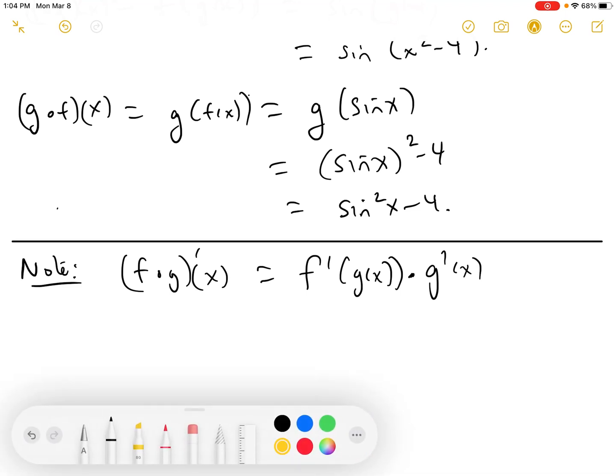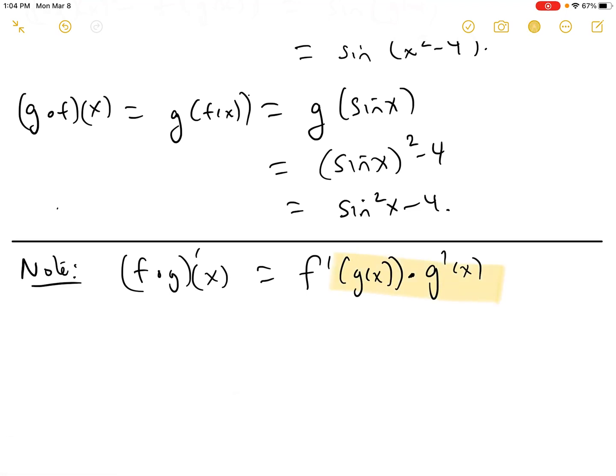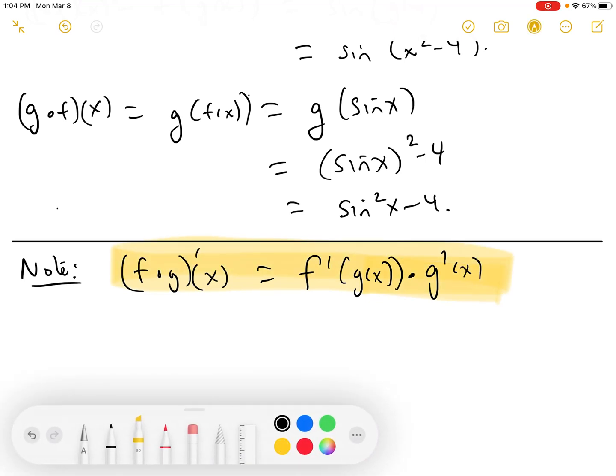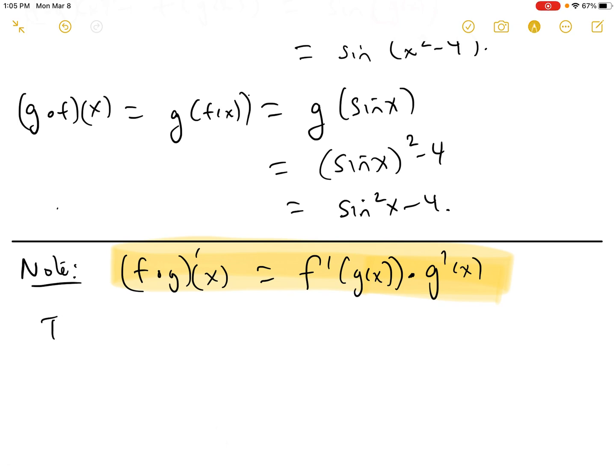And this is the chain rule. I always want to think of f as being the outside function. So you take the derivative of the outside function, fix the inside, and then take the derivative of the inside function.